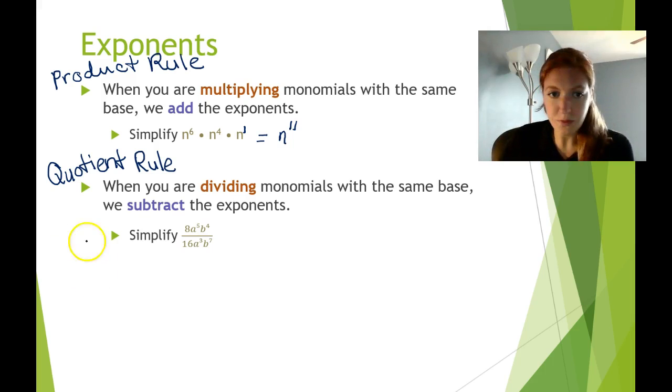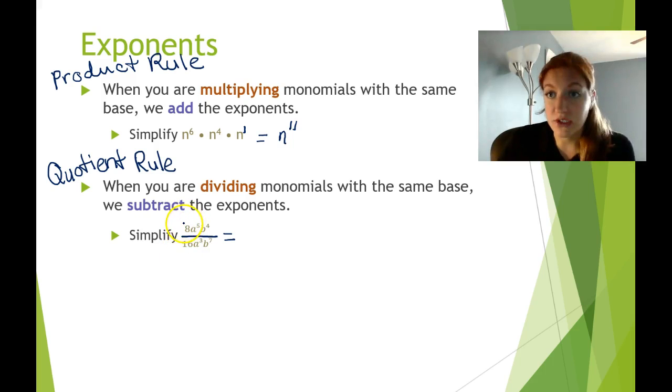Let's break this one down step by step. The first thing we notice is we are dividing two monomials. We're going to start with the coefficients. The coefficients are the numbers being multiplied by the variables, and here the coefficients are 8 and 16. Notice that there are no exponents attached to those coefficients.